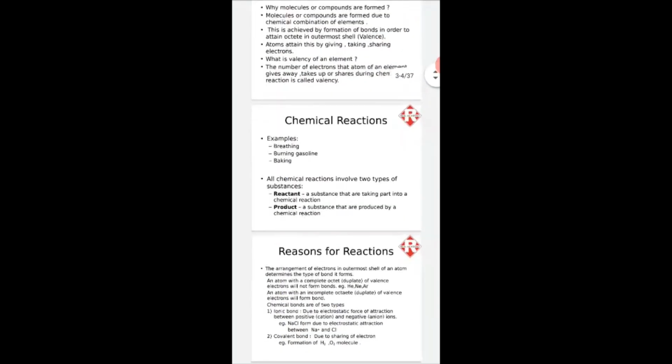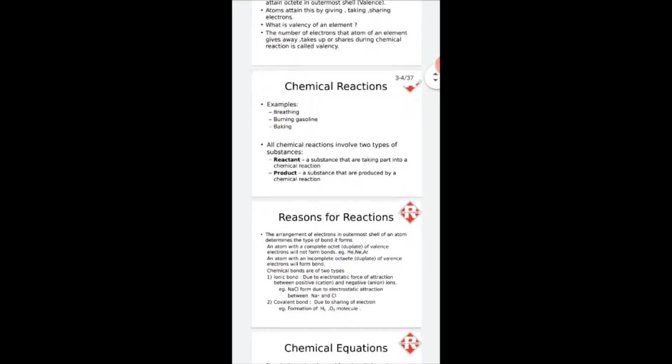Now, next point, chemical reactions. You have been given examples: breathing, burning of gasoline, baking. First, breathing. In breathing, we take in oxygen when we inhale, and when we exhale we release carbon dioxide.